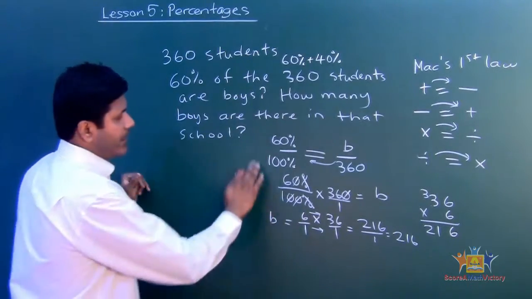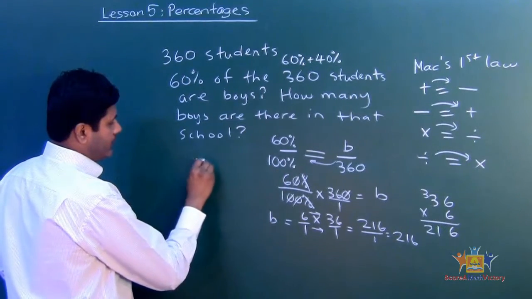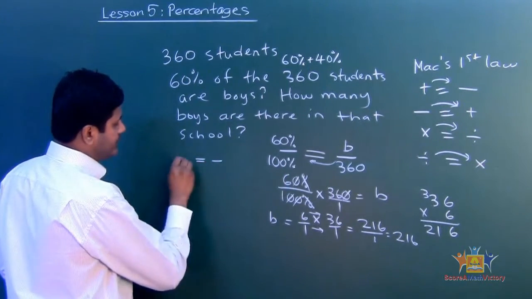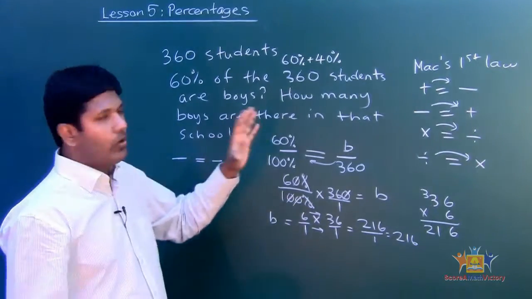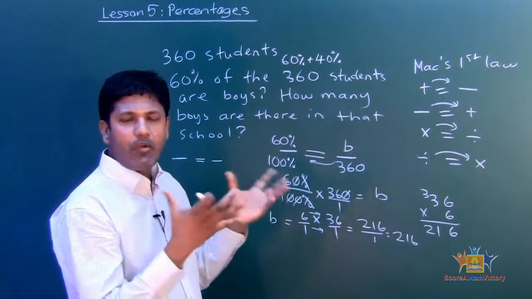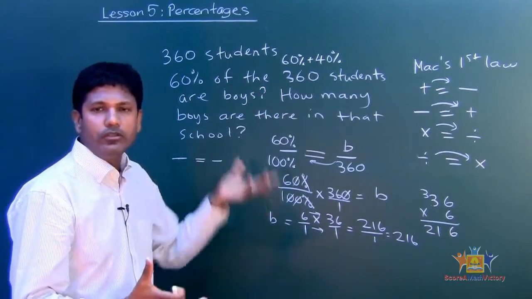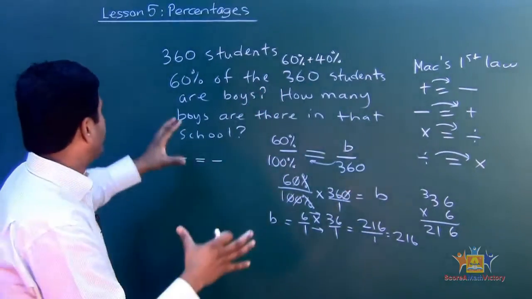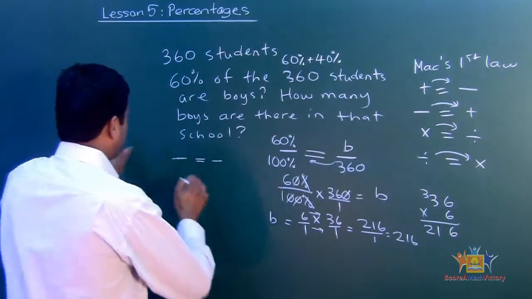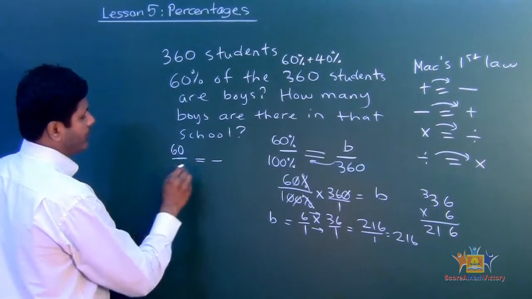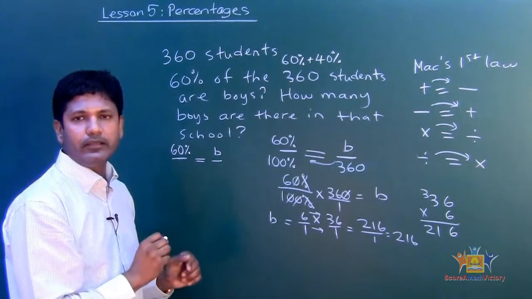Alright, so we set it up using the airplane method. That's the body of the airplane and this is the wing. First you take the one you're looking for, 60%. We're looking for 60%. Always keep it on top as a numerator, and since you don't know it, give a variable to that.